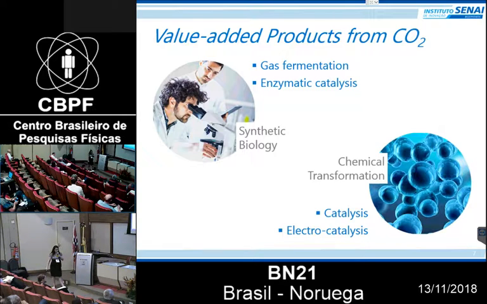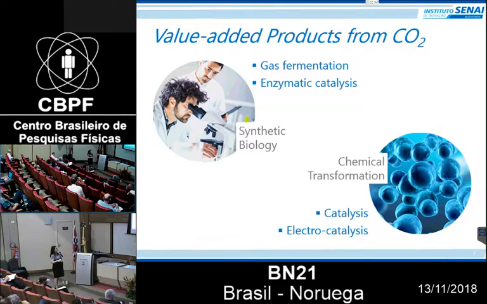So the idea is that we can get two benefits from CO2: high value products, and also reduced emissions, so reducing the impact in the environment. A good strategy to do that is to target value-added products.